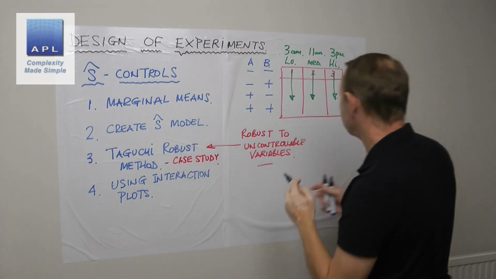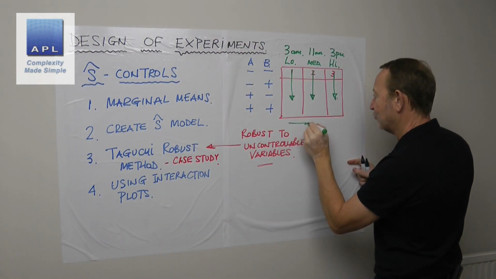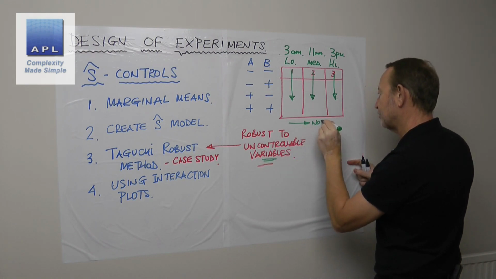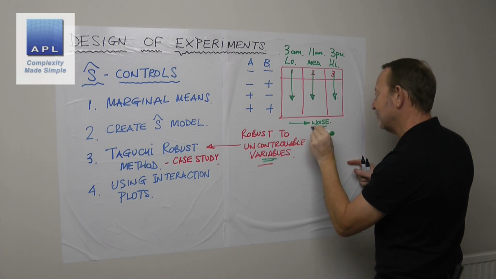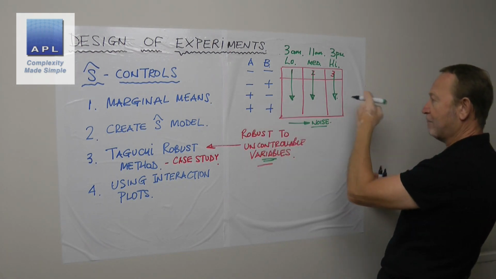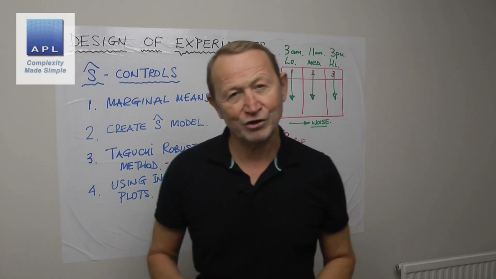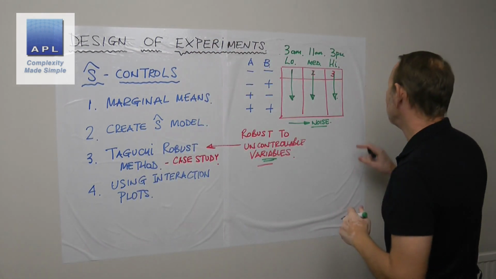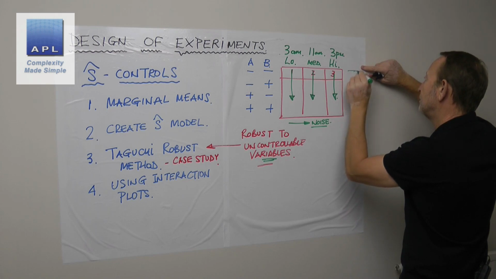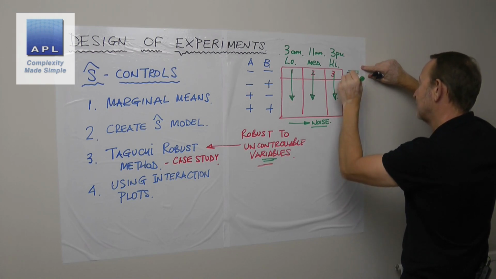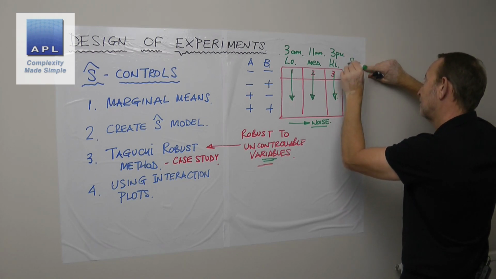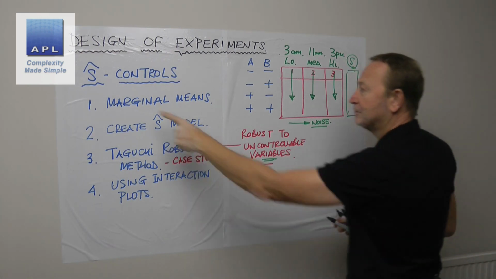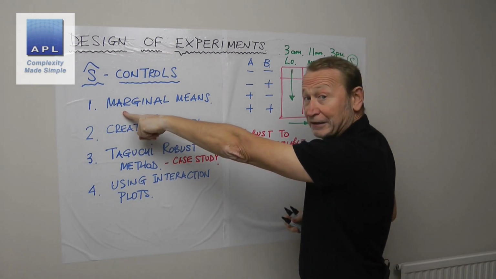The noise has been allowed into the experiment, traveling this way across our data table. Okay, now when we do the analysis, we analyze for standard deviation using this.